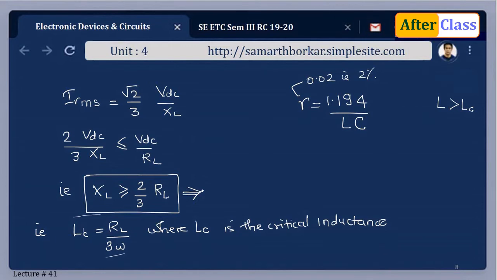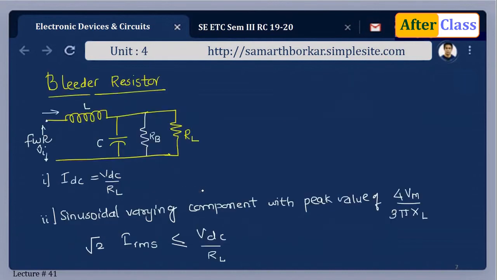So to overcome this problem, a bleeder resistance RB is connected in parallel with RL. I hope this is clear. We have said that XL should be greater than or equal to 2 by 3 times RL. Now this is the necessary condition to have current conduction through the circuit all the time.